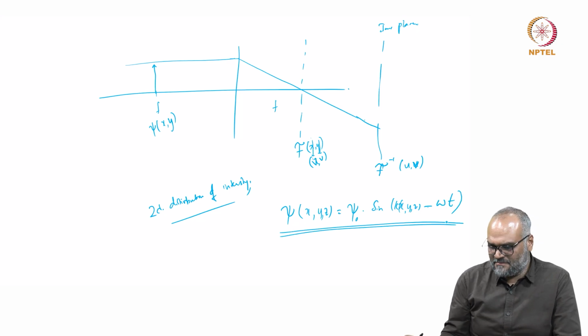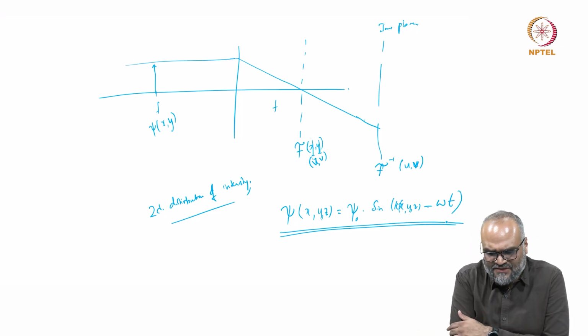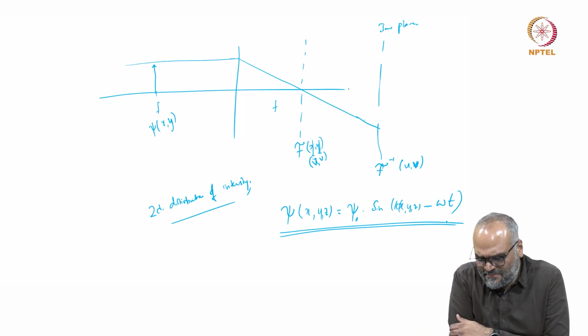So this is the general form that you can write for any electron beam propagating within an electron microscope.